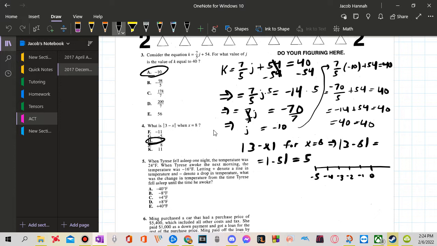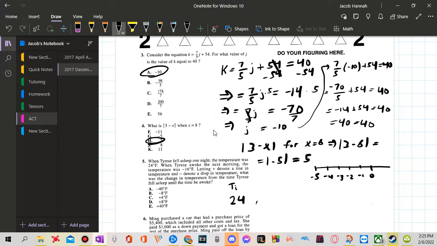He fell asleep one night, so when he fell asleep, it was 24. So this is the initial temperature. So that's what the I equals.